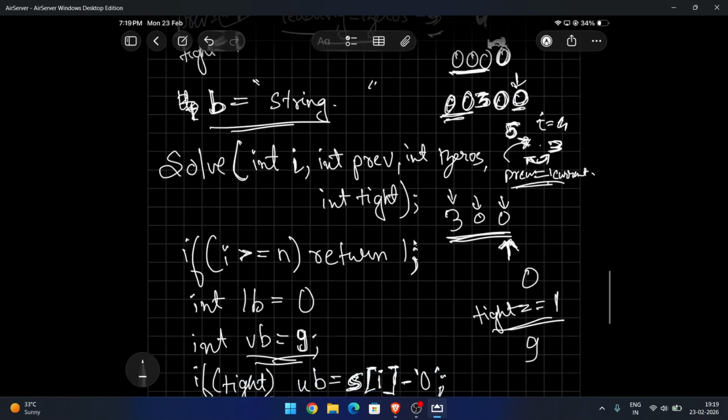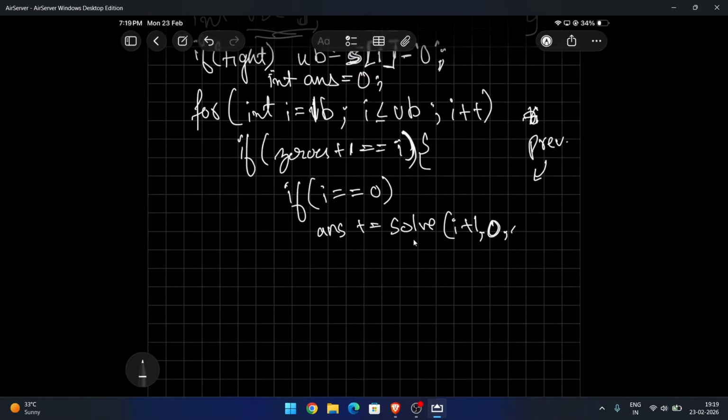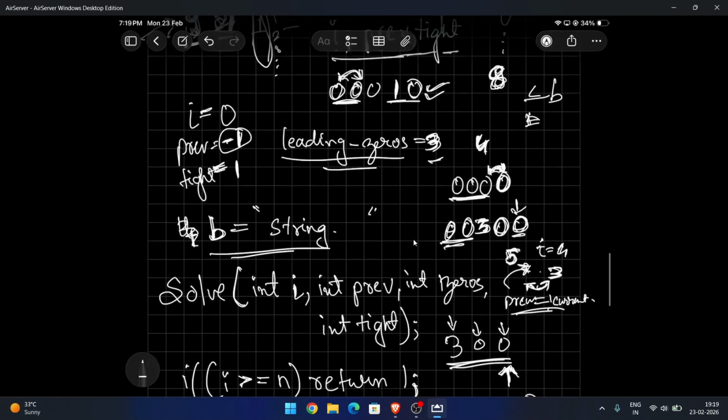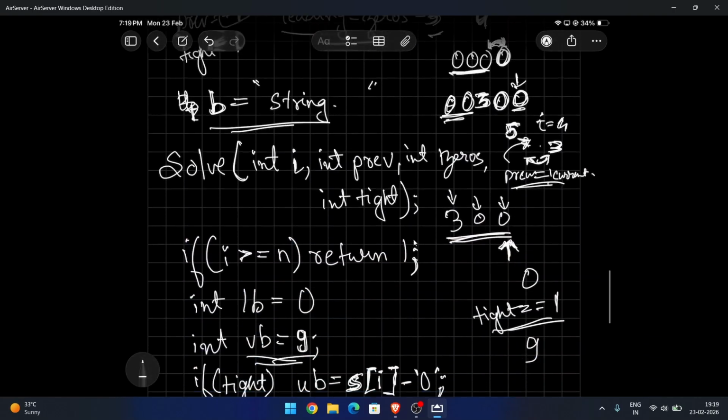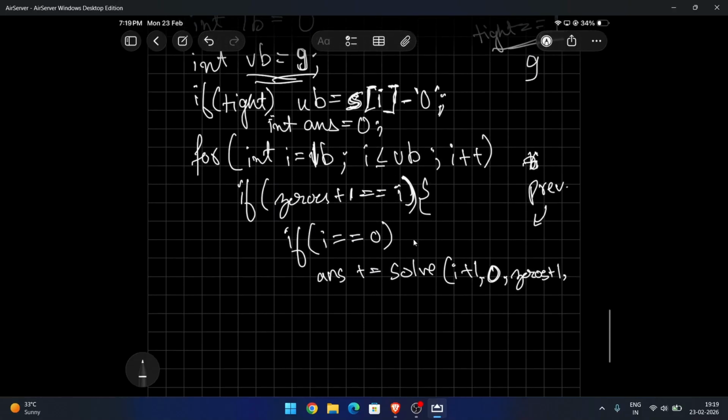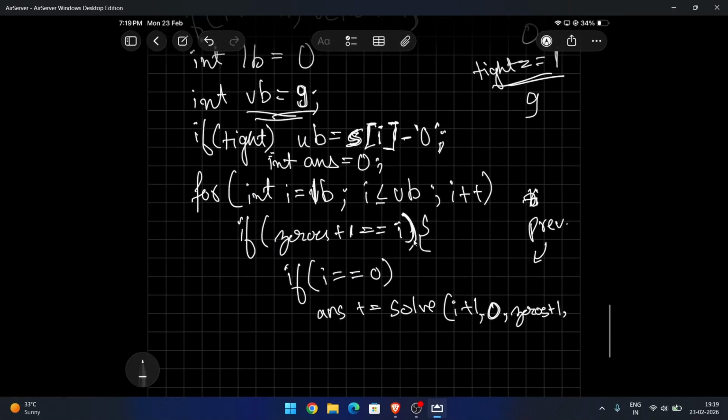And because this is part of the leading zeros, it would be zeros plus 1, and the tight would be the same. Okay, because if we are at the tight, then the tight would be the same only. No, actually, just a second.